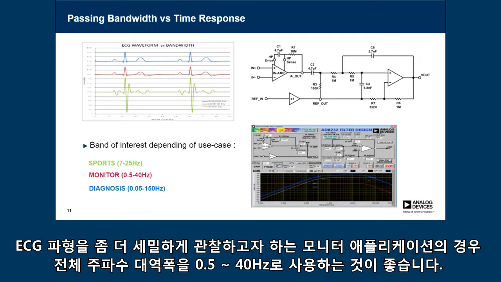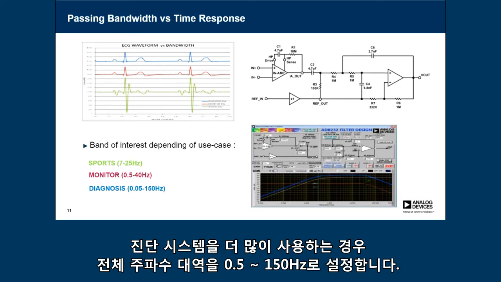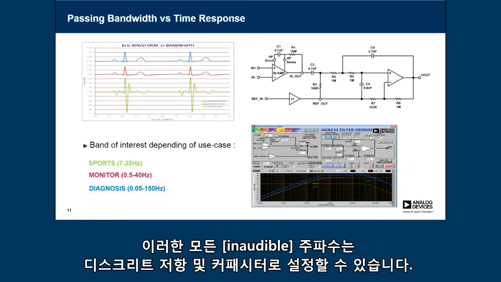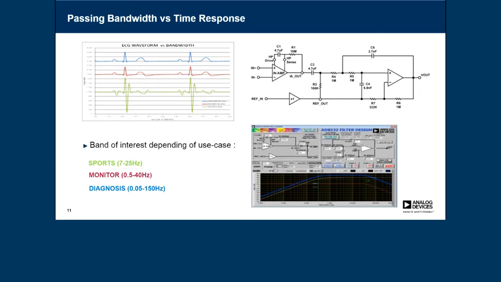For a monitor application where people are interested in a more detailed look at the ECG waveform, we recommend a bandwidth from 0.5 to 40 Hz. And in case people have more of a diagnostic system, you take the entire frequency band from 0.05 Hz up to 150 Hz. And all those cutoff frequencies, corner frequencies, can be set by discrete resistors and capacitors.